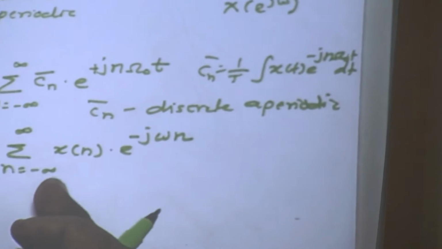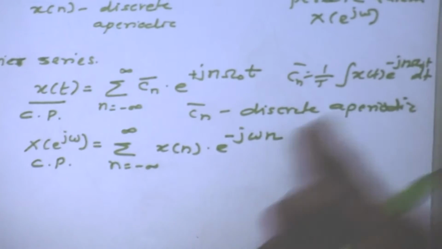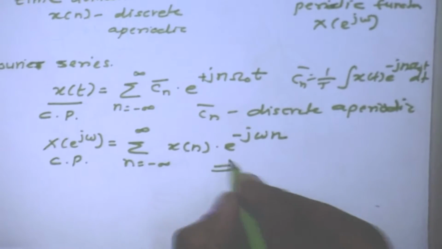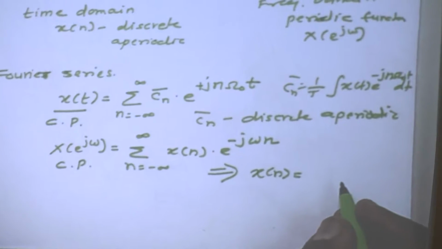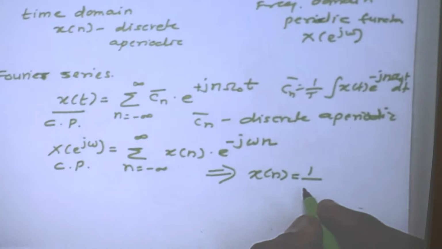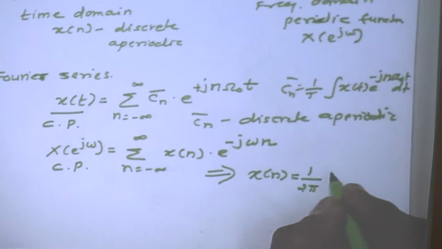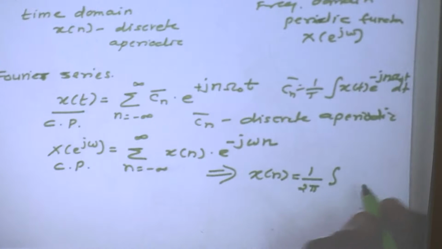What will it be here? How can you write x[n] applying this? This implies x[n] is equal to, tell me, 1 upon, what is the periodicity of X(e^{j omega})? 2 pi, 1 upon 2 pi, integration, what is one period of X(e^{j omega})?